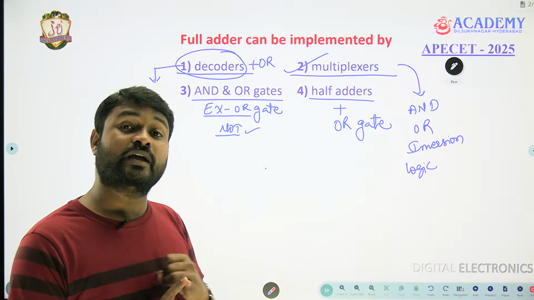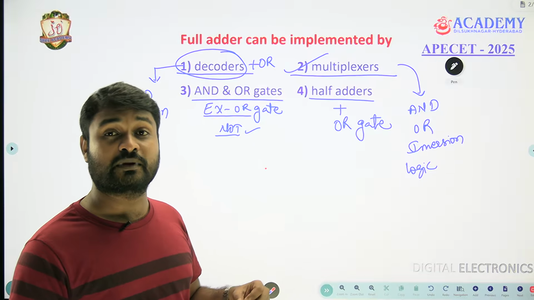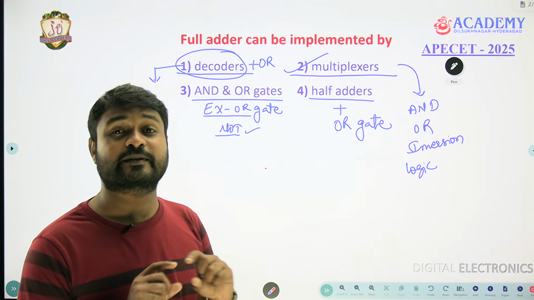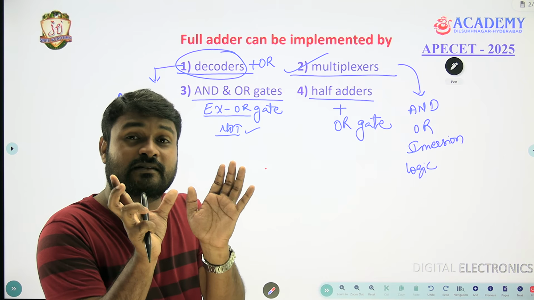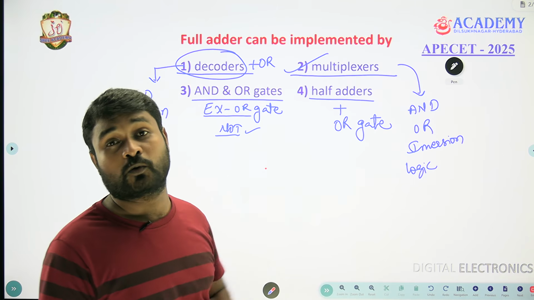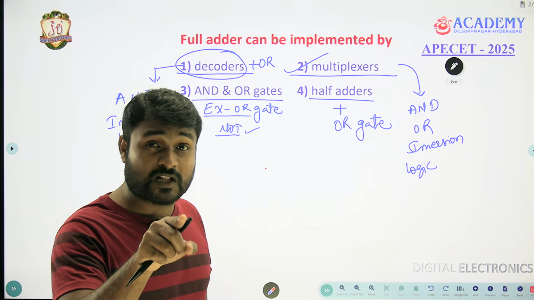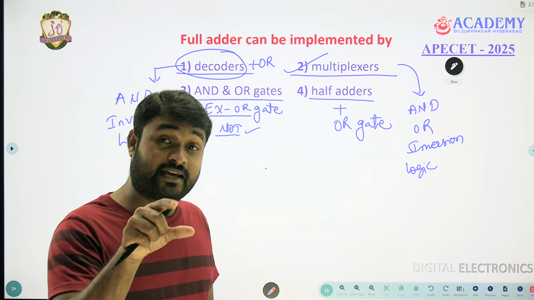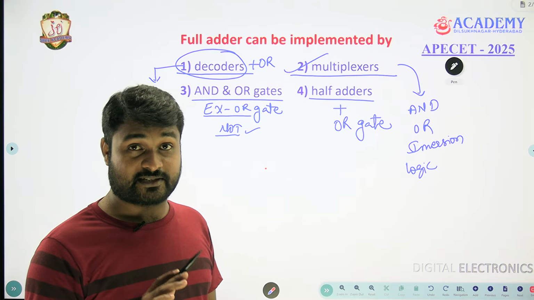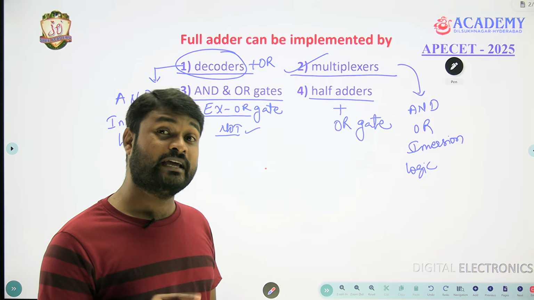All blocks, decoder, encoder, demultiplexer, all code converters, are Boolean expressions only. That is the beauty of the multiplexer. That is why in our VLSI designs also, if you see FPGA, what will be there? One mux followed by one D latch.